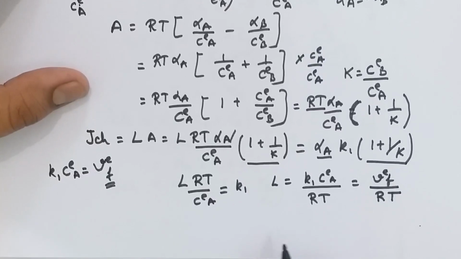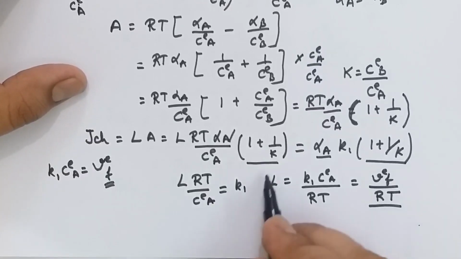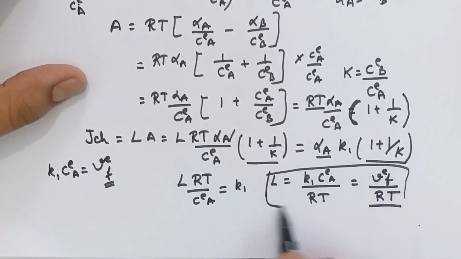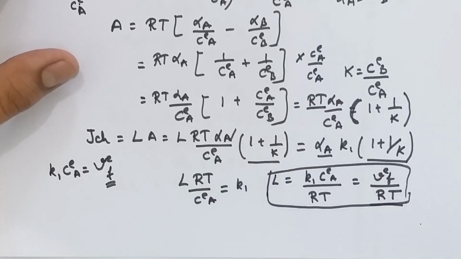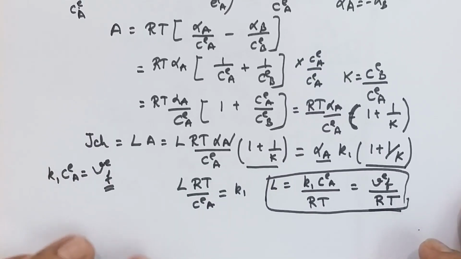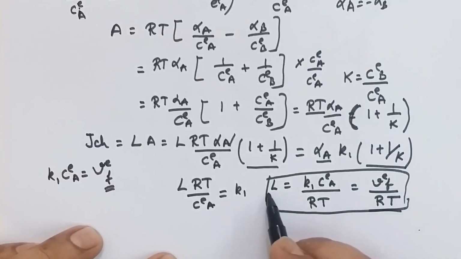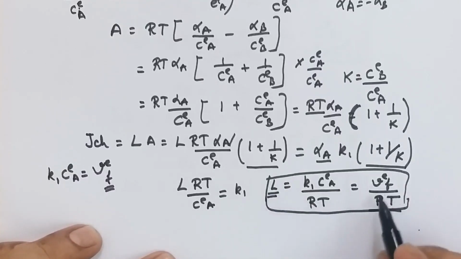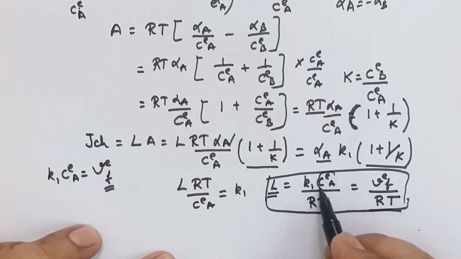So this is our final expression, and this is the value of L, the proportionality constant that we are getting. Over here we can see that the phenomenological coefficient L depends on the equilibrium concentration of A at a given temperature.